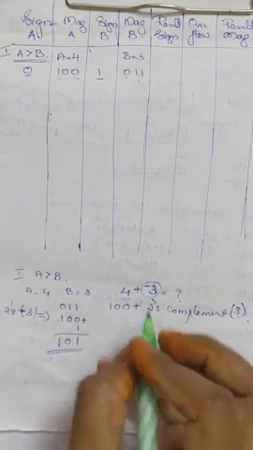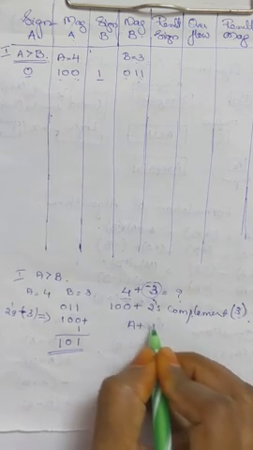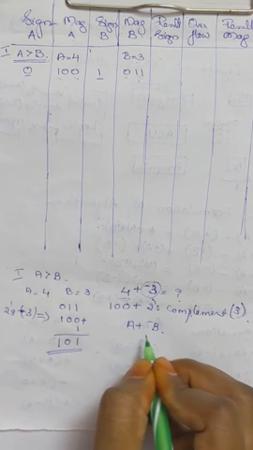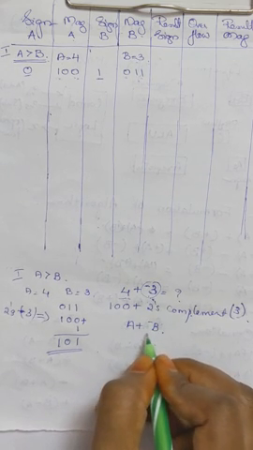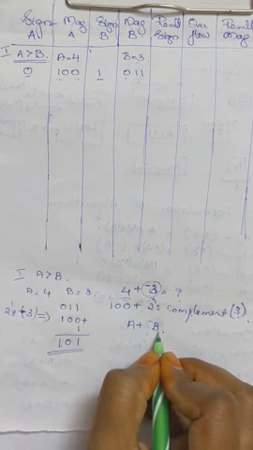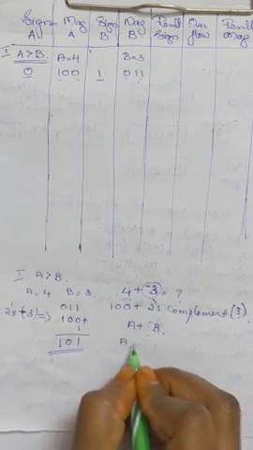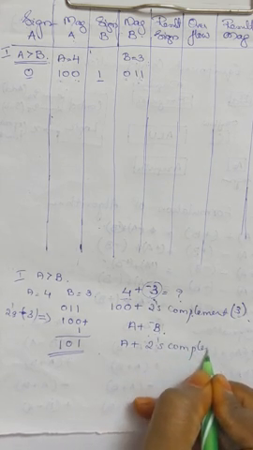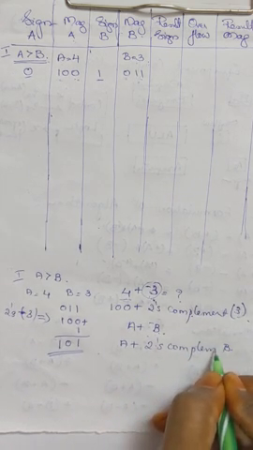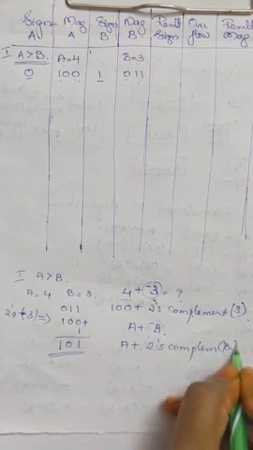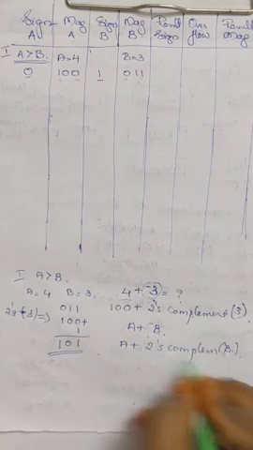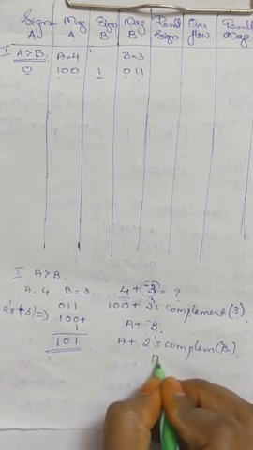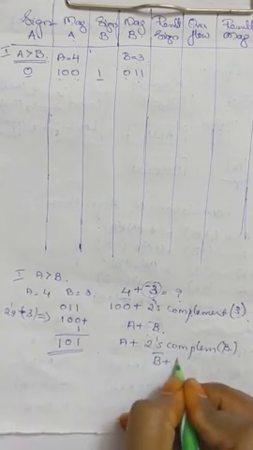So for any operation like A plus or minus B, actually some form of subtraction is done. So in this case, what you have to do is A plus the 2's complement of B, and the 2's complement of B will be B complement plus 1.